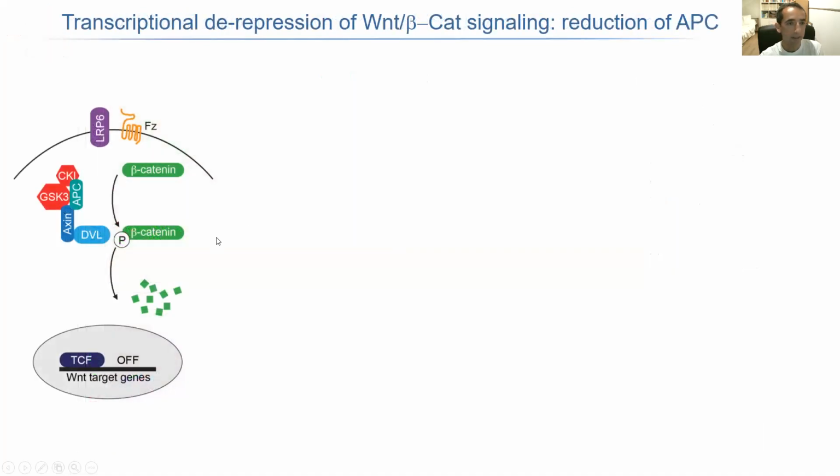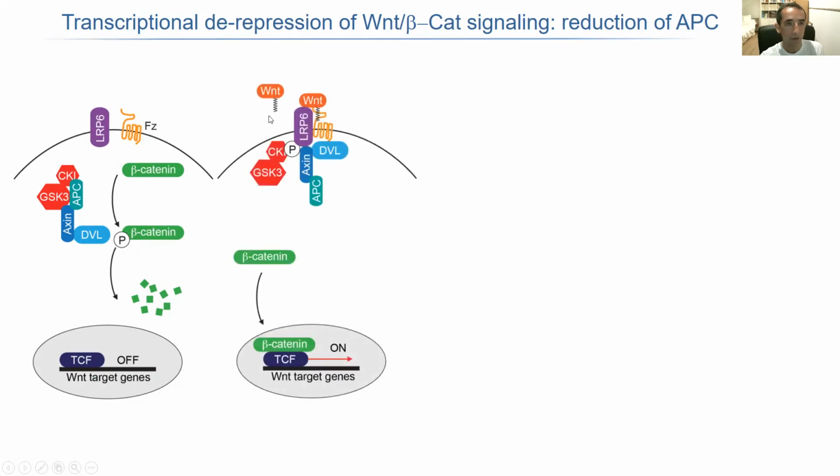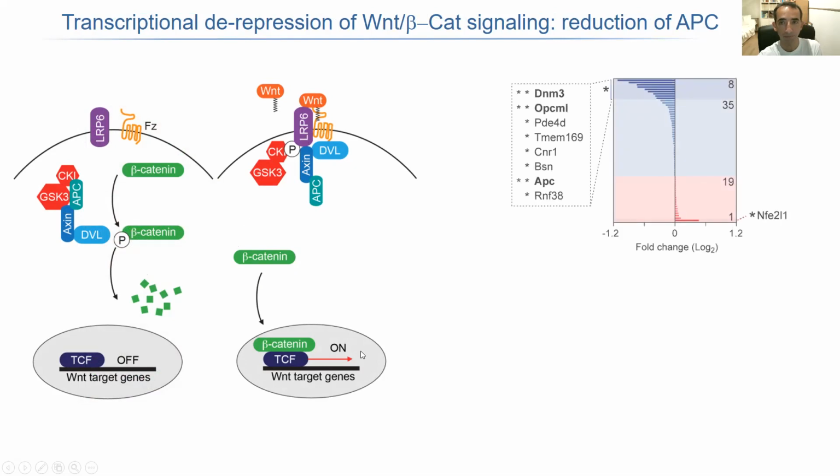Now, the beta-catenin pathway is regulated by a protein complex that phosphorylates beta-catenin and drives it for degradation. Upon Wnt binding to the Frizzled receptors, this protein complex is sequestered to the cellular membrane so that it does not phosphorylate beta-catenin, and now beta-catenin is not degraded, so it can enter the nucleus and have its transcriptional effects.